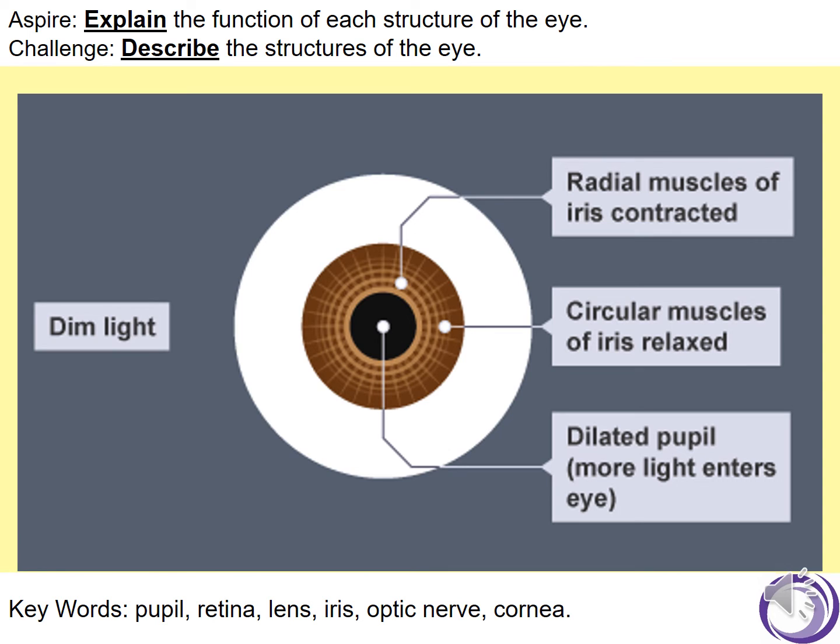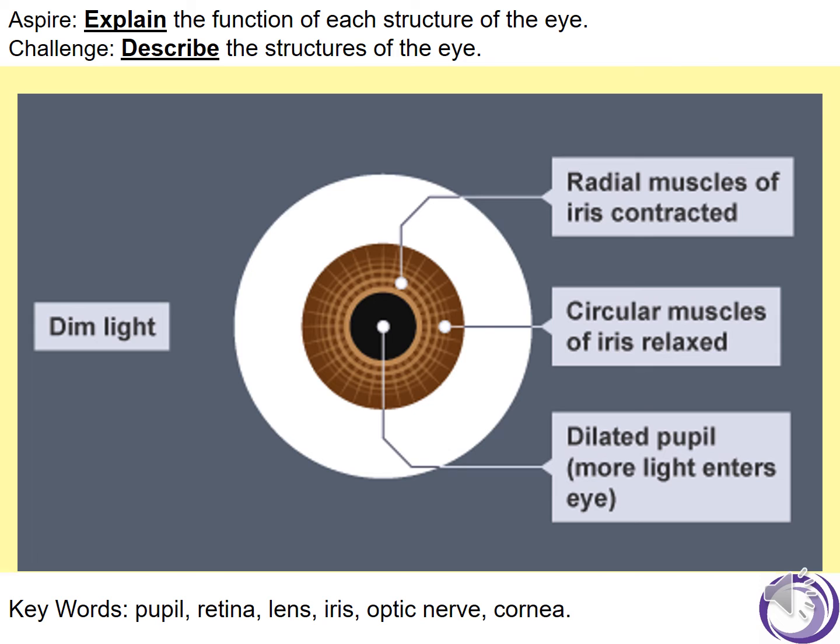We have radial muscles, which are like the spokes in a bike wheel, and you can see that they run from the middle outwards. And then we have circular muscles which run round in circles like the outside of the rubber part of your tyre, but there's lots of them running continued outwards.